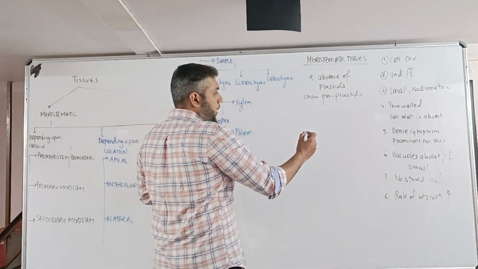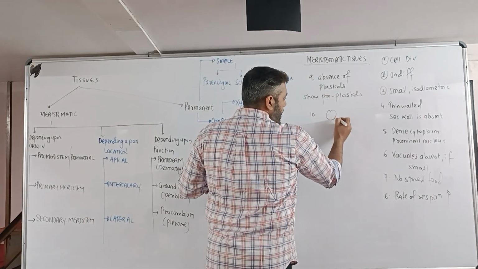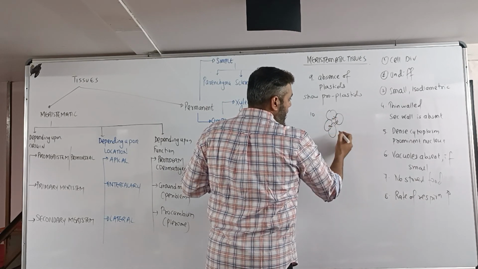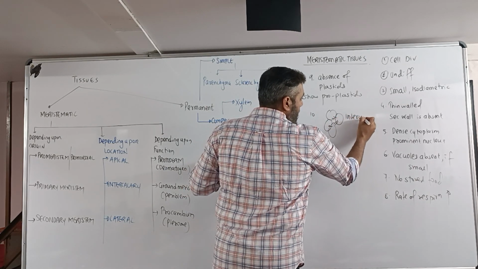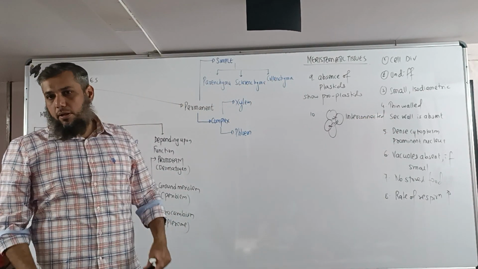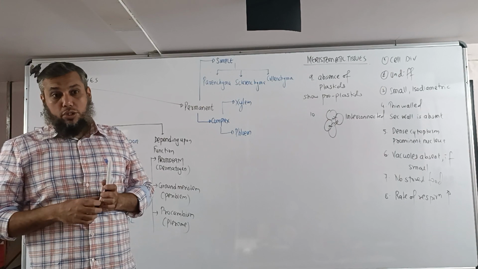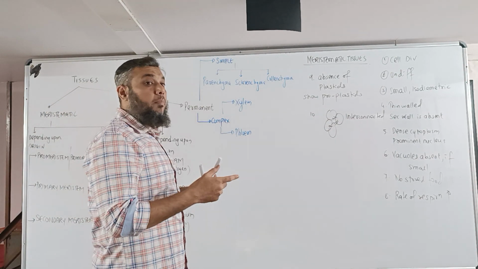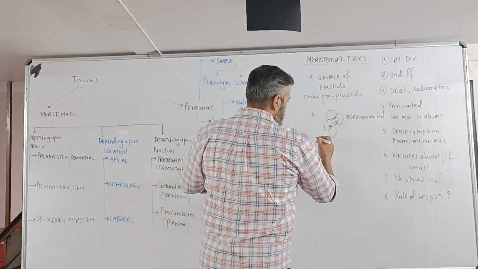Then they show the presence of interconnections. You remember plasmodesmata? So how are they? They are interconnected, like in epithelial tissue I showed gap junctions. Here we have plasmodesmata.